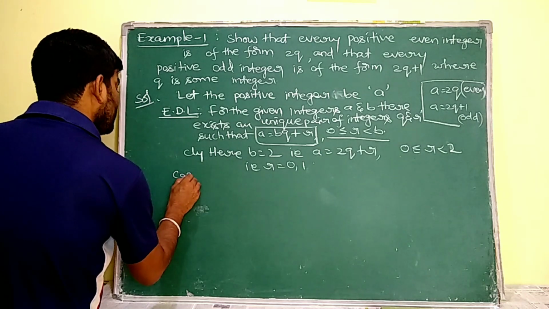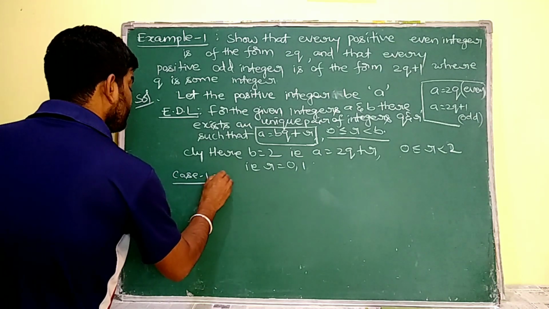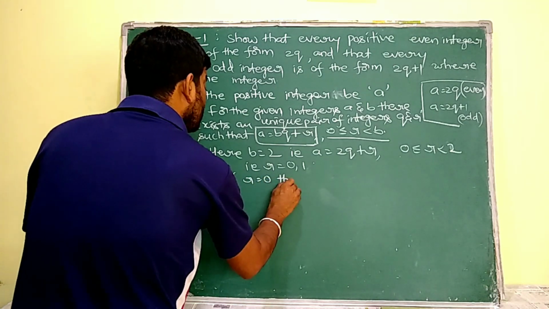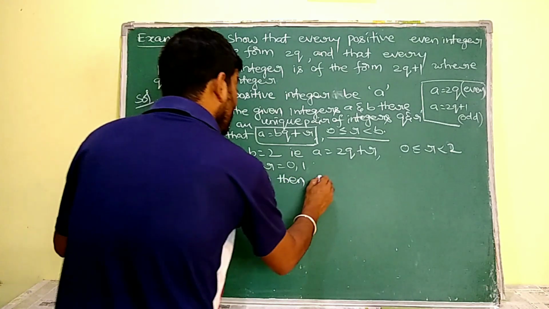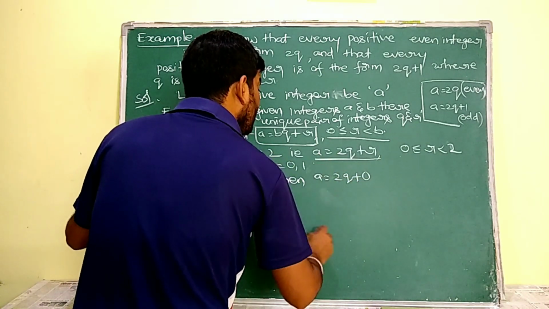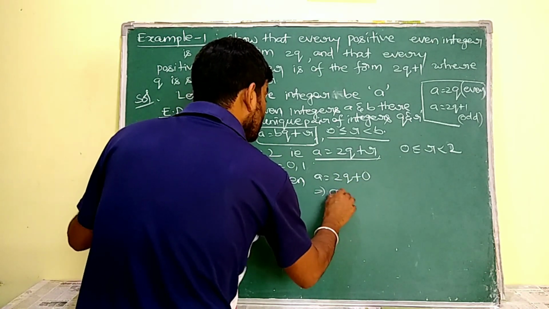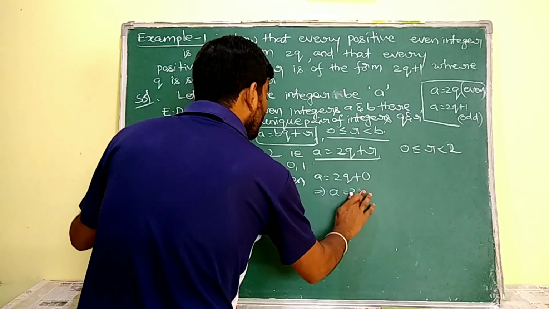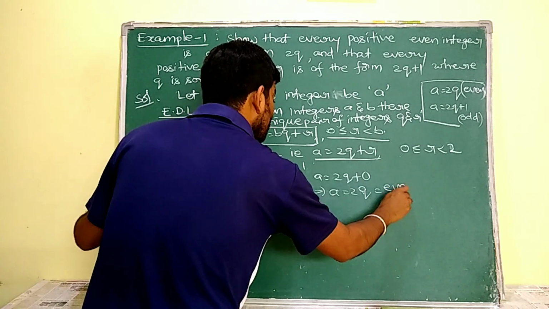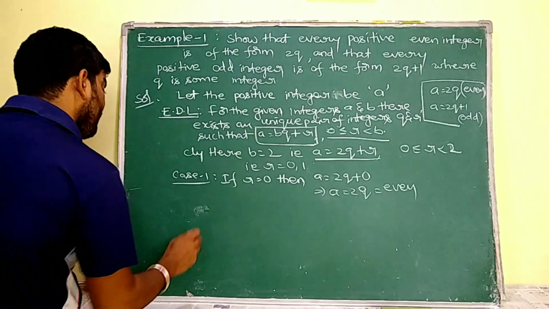Now we are going to check case 1. If r is equal to 0, then a is equal to 2q plus 0, which implies a is equal to 2 into q. We know if a is equal to 2q, then it is even.